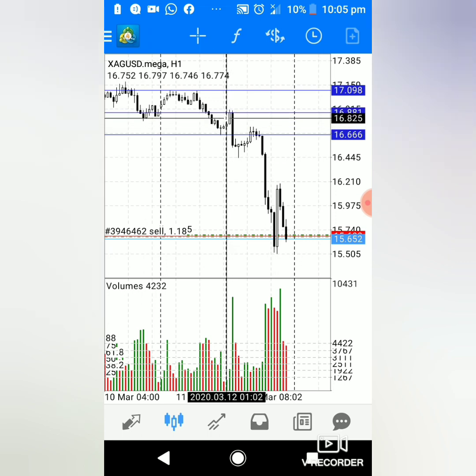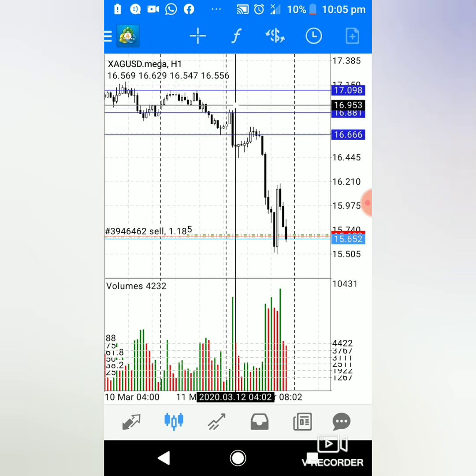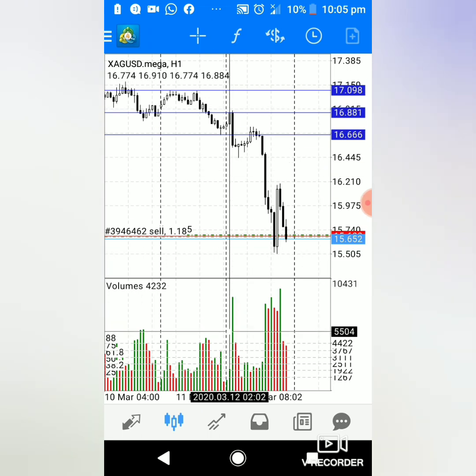On that 50% level, this candle tested that level, closed on that level, but failed to break that level. And also the candle had a significantly low injection in terms of volume or liquidity.